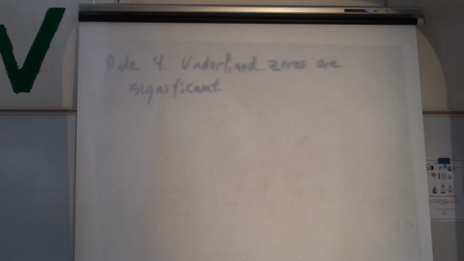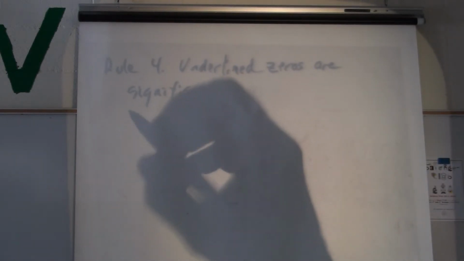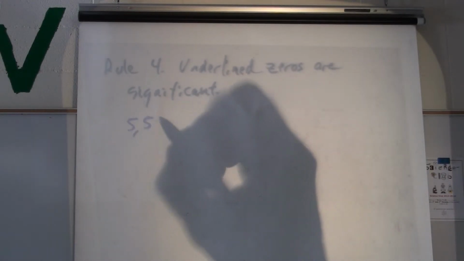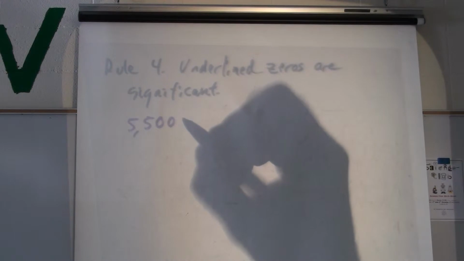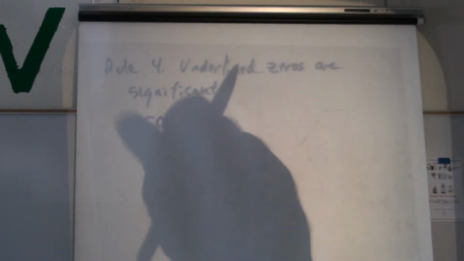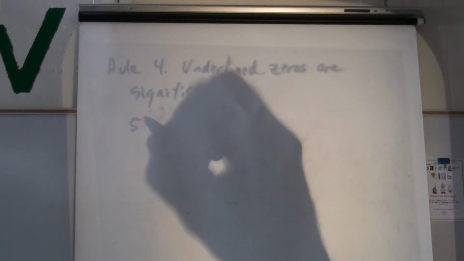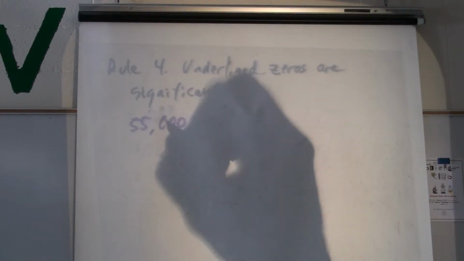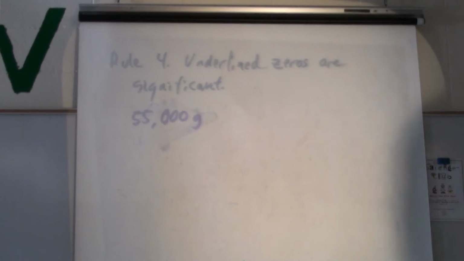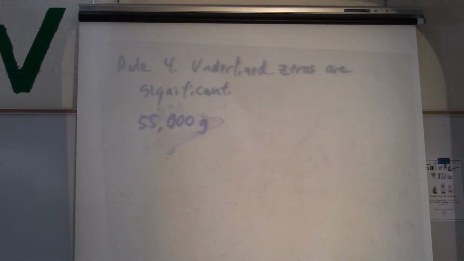Underlined zeros are significant. So let's say I've got this number. Let's make it 55,000 grams.